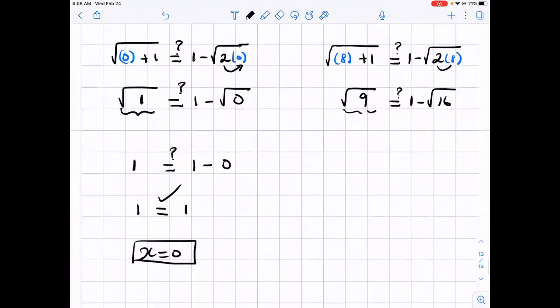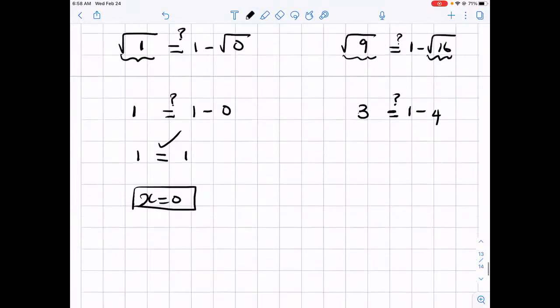So the square root of 9 is 3. And we want to know, is that equal to 1 minus the square root of 16, which is 4. So we have 3 is equal to 1 minus 4, which is negative 3. And this we know is not true. So in this case, this is false.